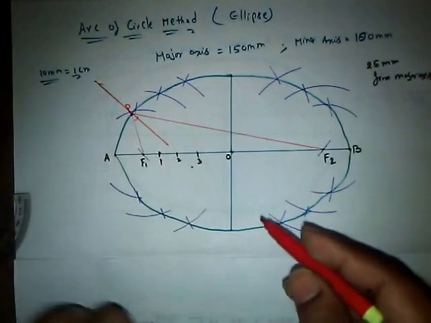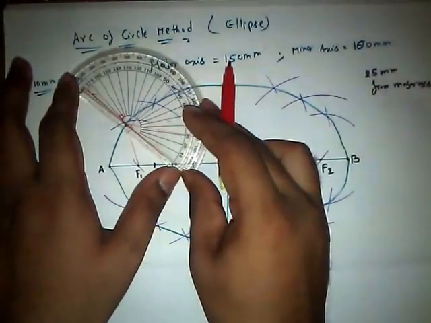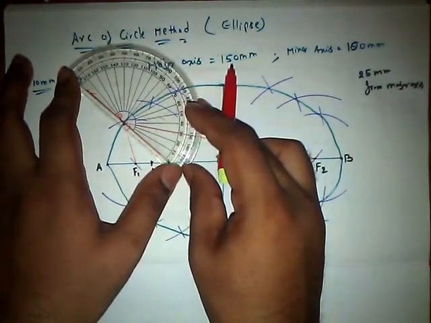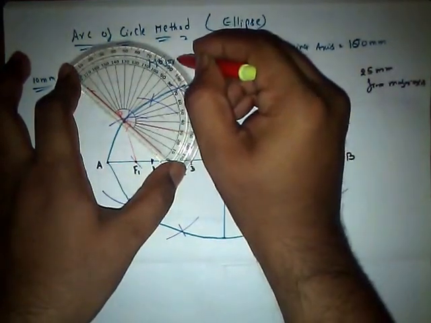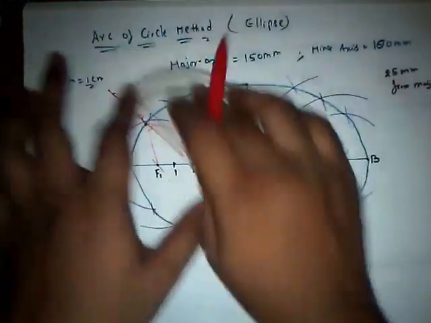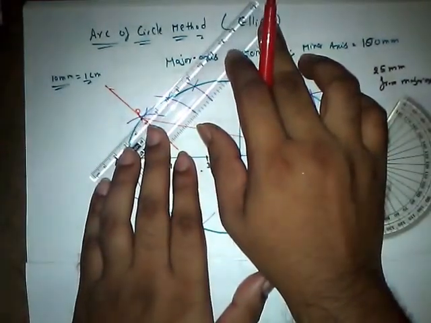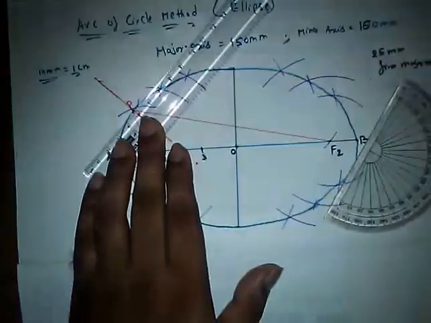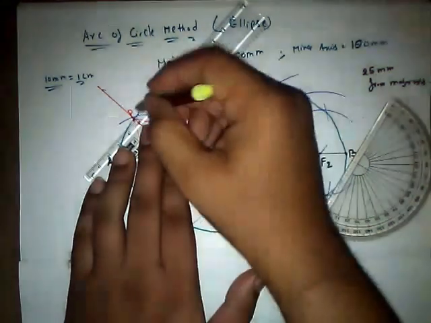The line that we got now is our normal, and for the construction of the tangent, let us keep the protractor at 90 degrees to the normal at point P. I am keeping it at 90 degrees, that is over here. Now let us join point P to this point, and we get a new line.